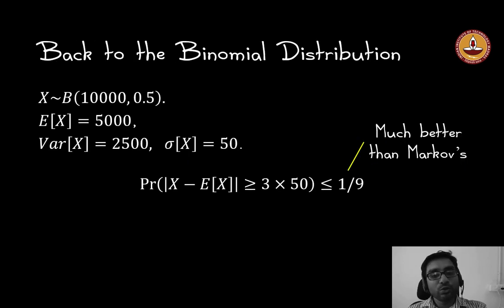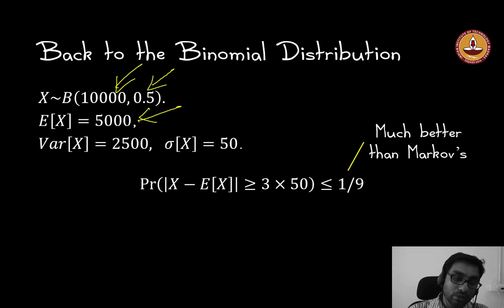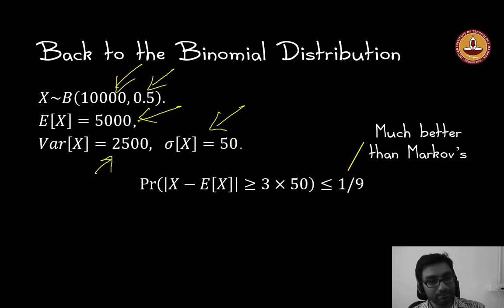So let's go back to the binomial distribution and test out this new tail bound, Chebyshev's inequality. Remember that in our experiment in the last segment, we drew several samples from the binomial distribution with parameters 10,000 and bias 0.5. This means that the expectation is going to be 5,000, and you can work out that the variance is going to be 2,500, which means that the standard deviation is going to be 50, the square root of 2,500.